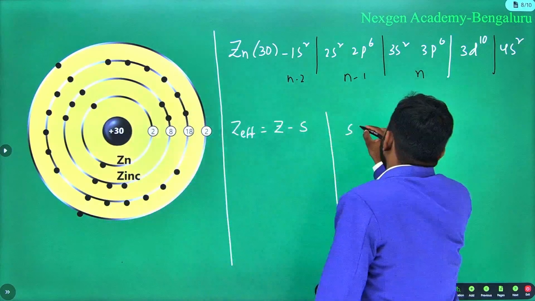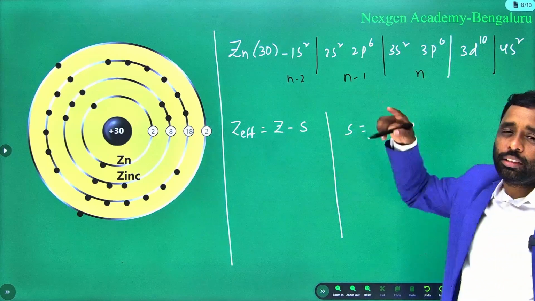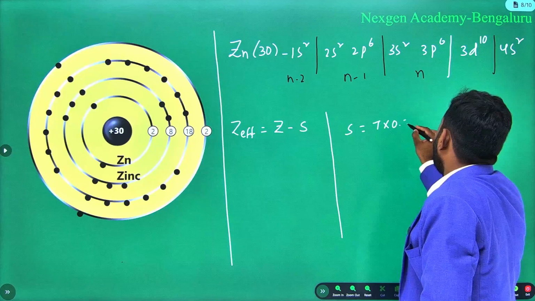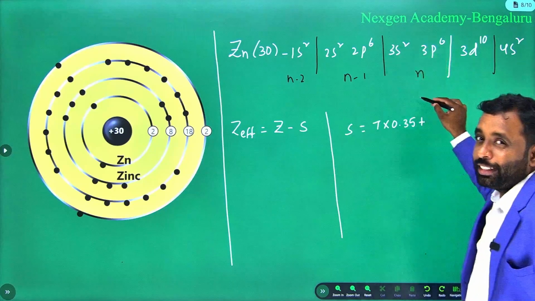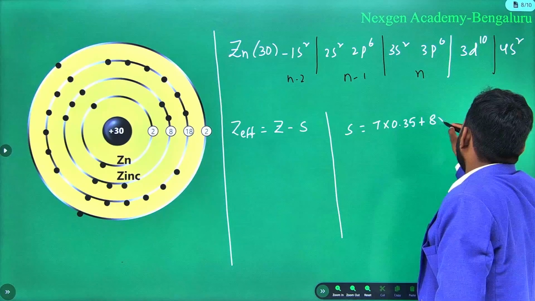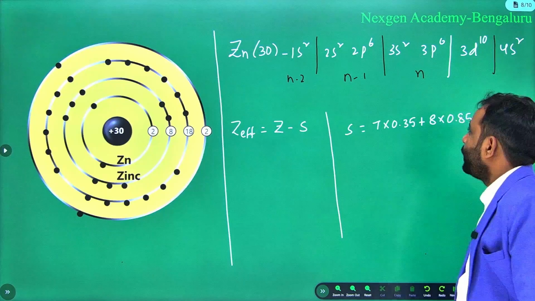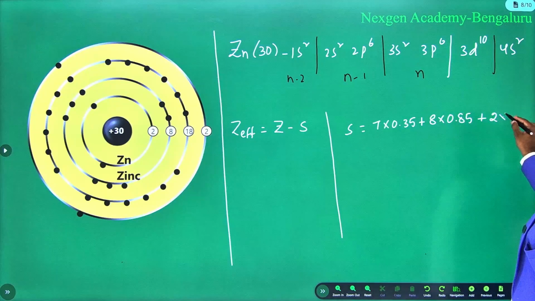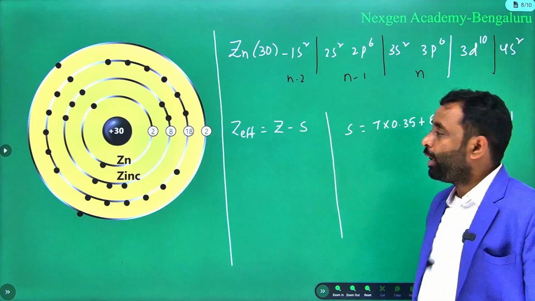Screening constant for the nth level: there are 8 electrons, 1 is our interest, the remaining 7 electrons into 0.35. And now you are calculating for an s or p electron. That's why for n minus 1, 8 electrons into 0.85, not 1, since it is not a d or f electron. And this one is n minus 2: there are 2 electrons into 1. Calculate it and keep the value.